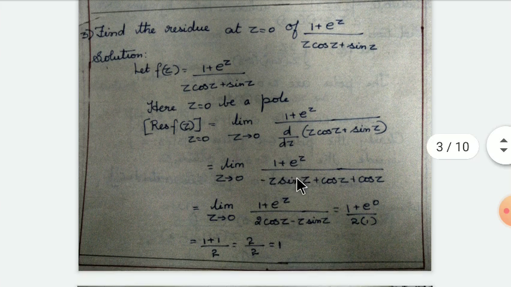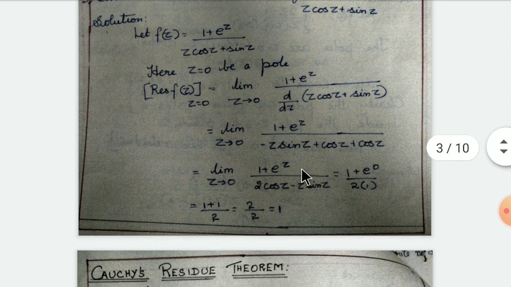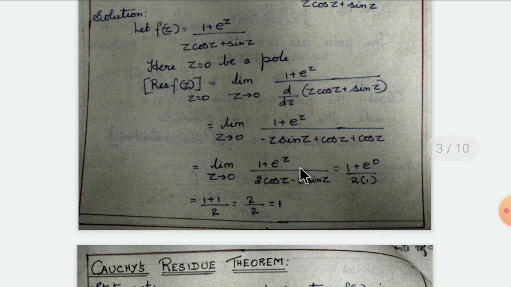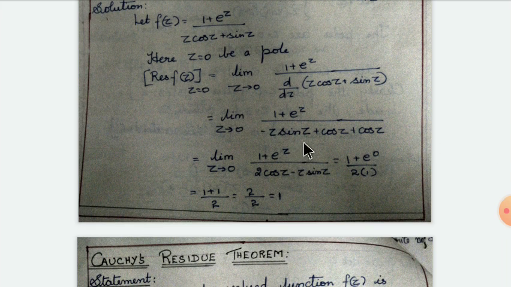Got it? Now with the help of the residue of f of z at each of its poles, we established one theorem. It is called Cauchy's residue theorem. We started this complex integration with the help of Cauchy's fundamental theorem, which is meant for simple closed curves. With the help of the simple closed curve, we derived Cauchy's integral formula.